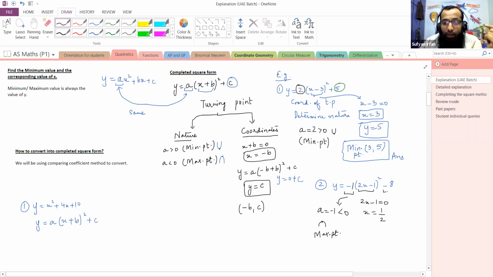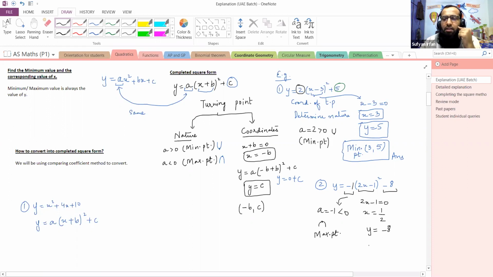And then the value at the end, which is being added or subtracted, is the value of y. Why? Because when we substitute 1 upon 2 over here, 2 into 1 upon 2 is 1, and 1 minus 1 is 0. At the end, we are going to get this negative 8. So why waste our time in calculations? Just write negative 8.